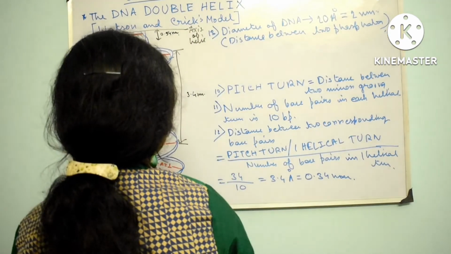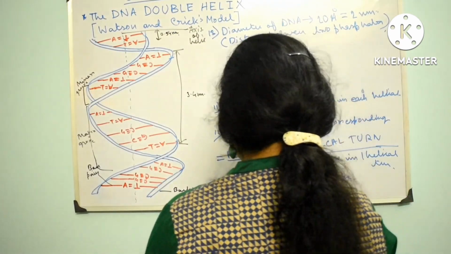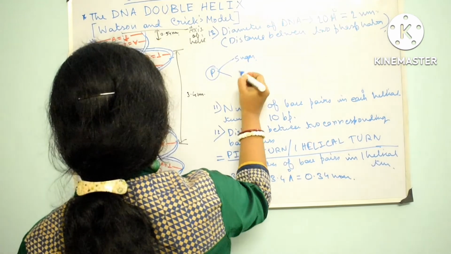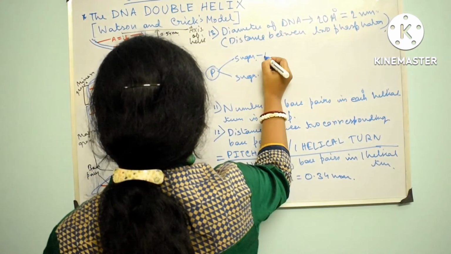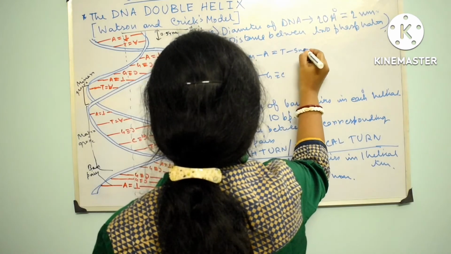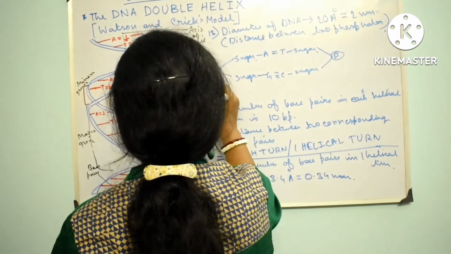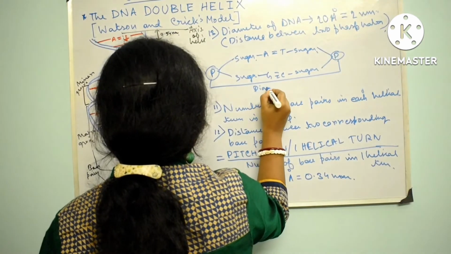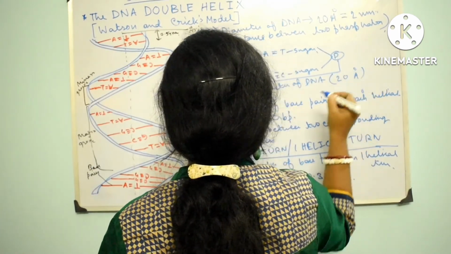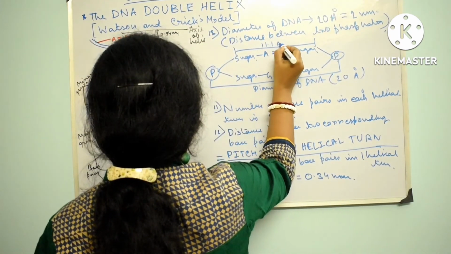Let's draw phosphate, sugar. This is the diameter of DNA, 20 angstrom, and the length between these two sugars is 11.1 angstrom.